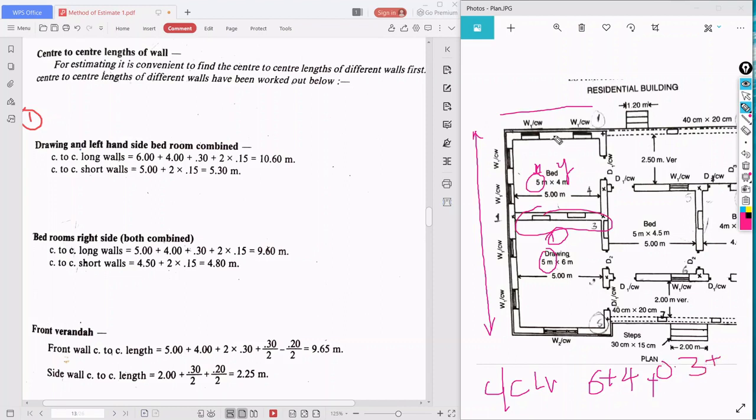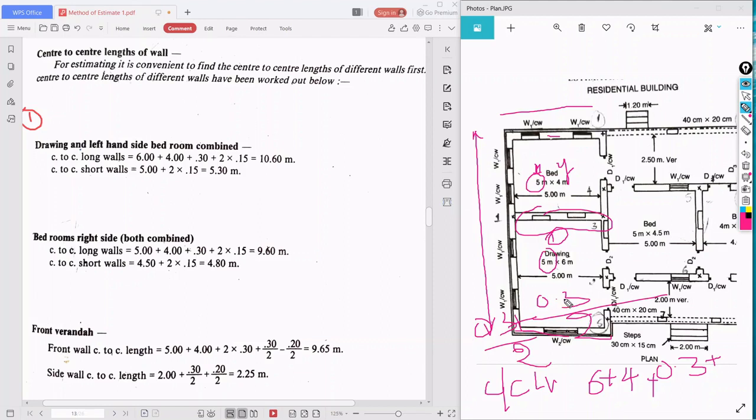Here I don't want this fully, I want a half. Here also I want half because I want center length. So 0.3 by 2 plus 0.3 by 2.